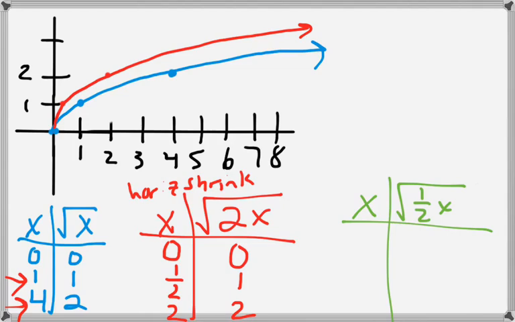And again, to see the horizontal change, we need to keep the y values the same, and then just figure out what the new x values need to be. Well, the first point is still going to be 0, 0, because again, that's on the axis we're stretching away from. And we can see that putting in 0 for x would give us that y value of 0.